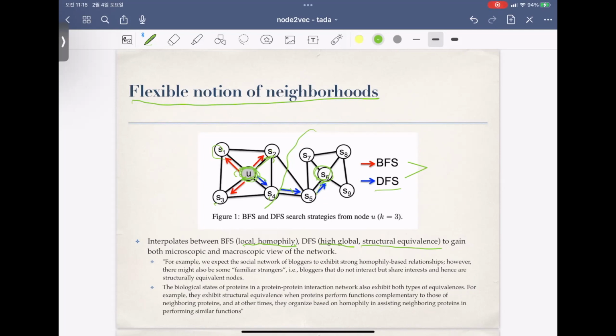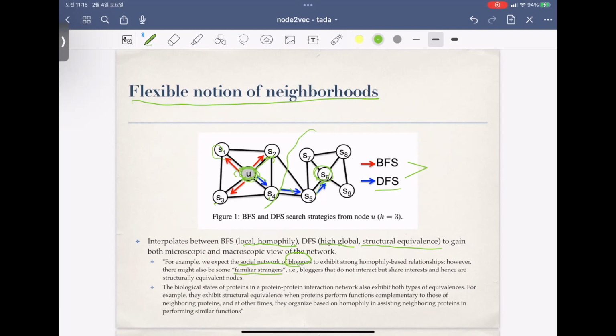Let's say we have a social network of bloggers. Some bloggers may interact with each other a lot. In that case, we can see a homophily characteristic between the bloggers. However, there might be familiar strangers.